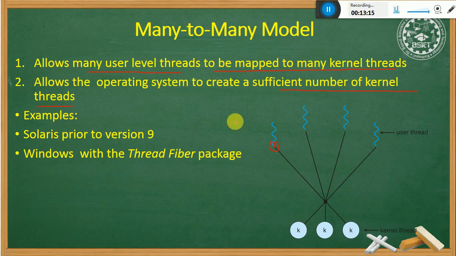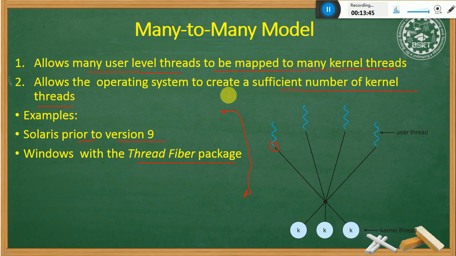It is quite complicated, but it increases concurrent execution and parallelism. Basic examples of the many to many model are Solaris previous versions of 9, and Windows with the thread fiber package.